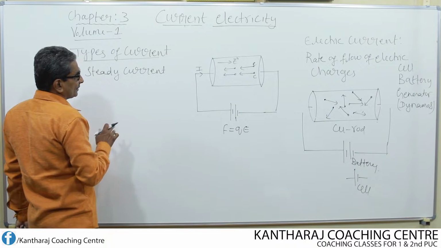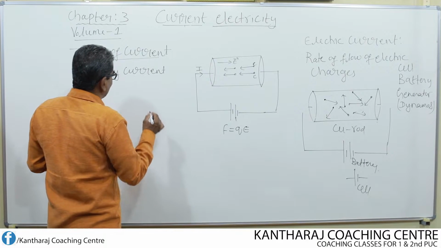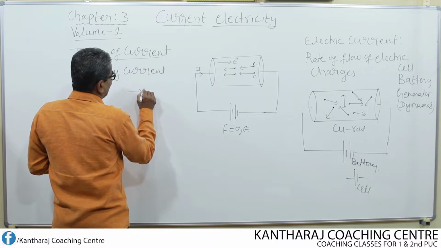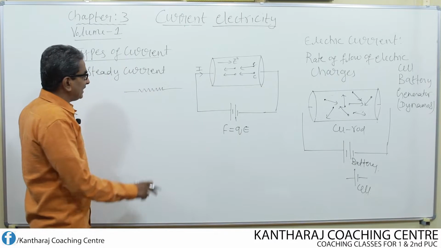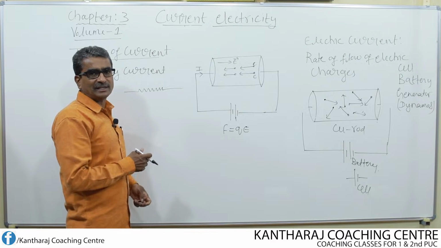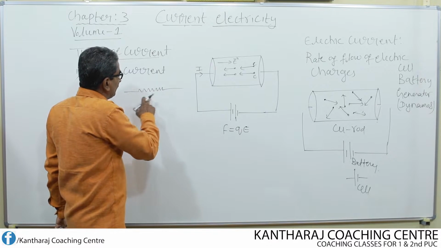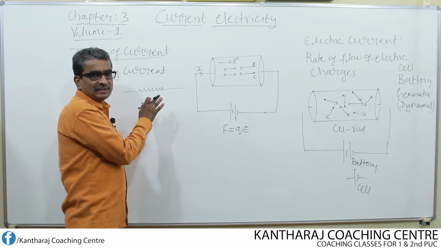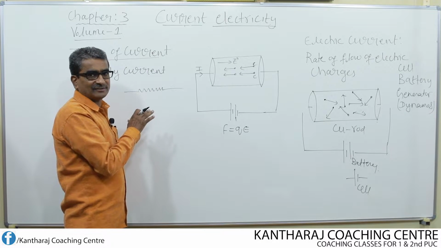Suppose through a conductor, a metallic conductor, I represent the conductor like this. This is the circuit symbol of a resistor, which is nothing but a metallic wire. The circuit symbol of a metallic wire is represented like this. The technical word for this is resistor.